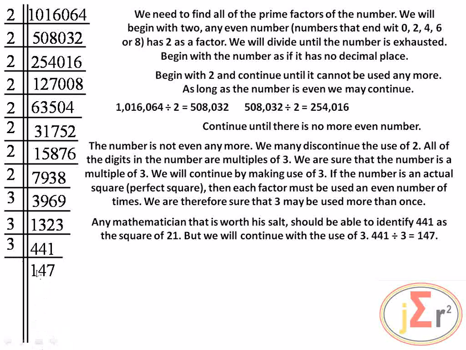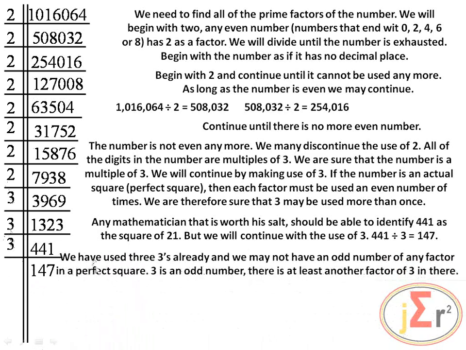Also, we know that we have to use another 3, because in a perfect square we cannot have an odd number of any factor. We have used 3 three times already, and 3 is an odd number.